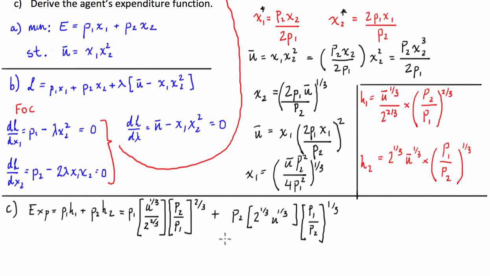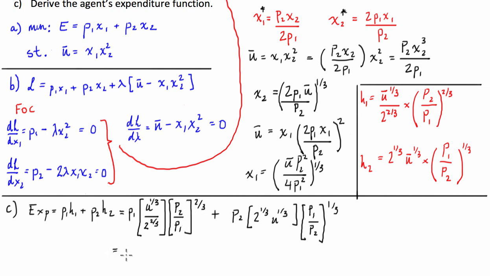Great. So now we're going to multiply into each of these brackets. This P1 is like saying P1 to the power of 3/3. So when we multiply in, this P1 to the 3/3 and this 2/3 in the bottom will effectively cancel, and it will just be 1/3 in the numerator of that fraction.